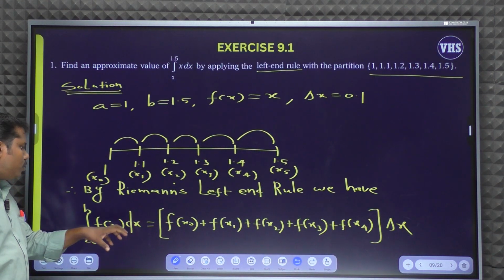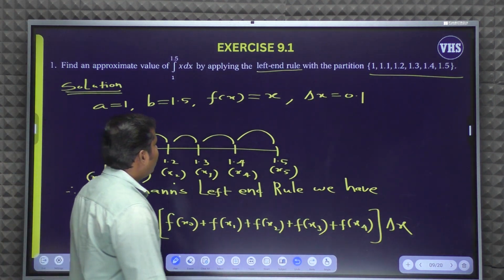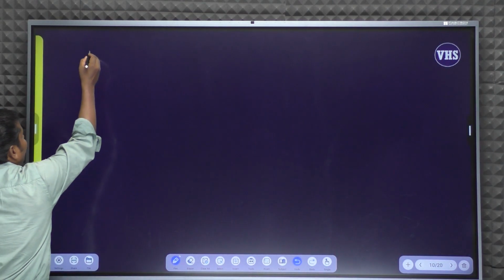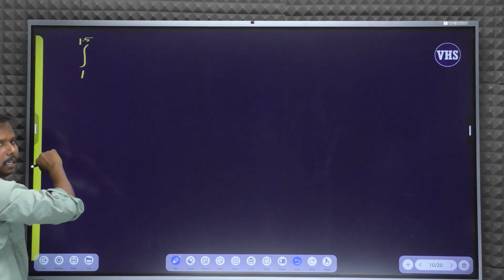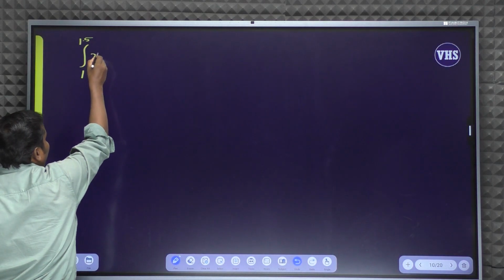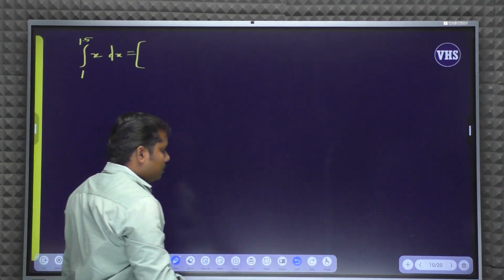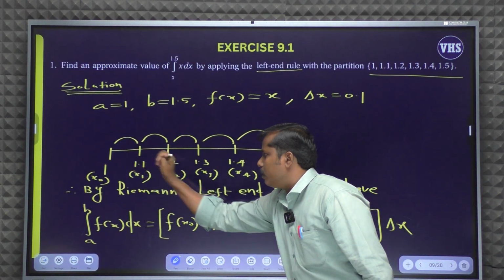Now let us substitute for a, b, f of x, x naught, x1, everything. Let's go to the next page. So integral, lower limit 1, upper limit 1.5. Here our f of x is x. Open up the bracket. What is the x naught value here? 1.